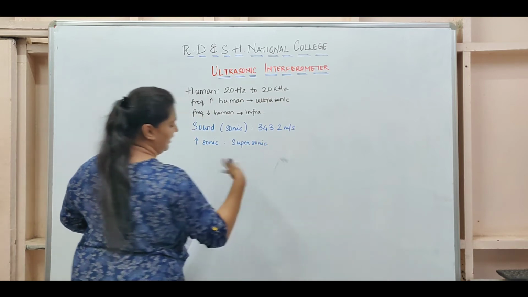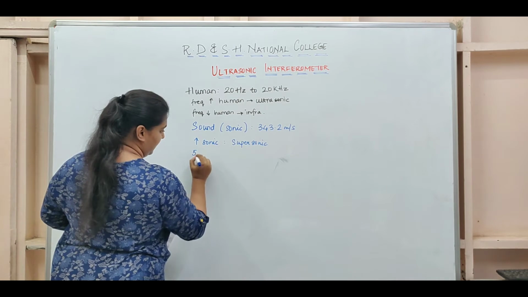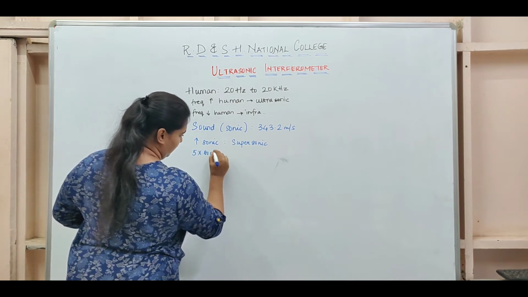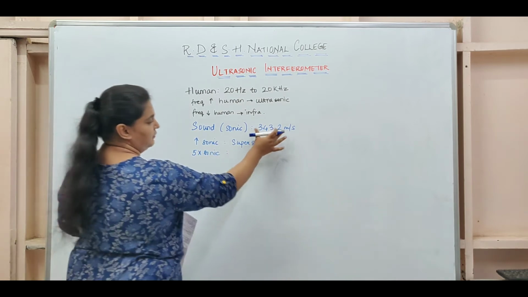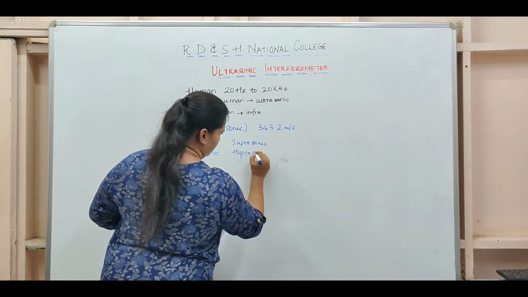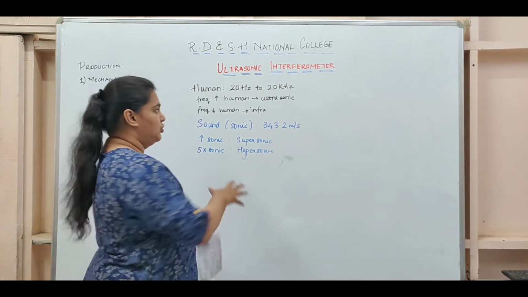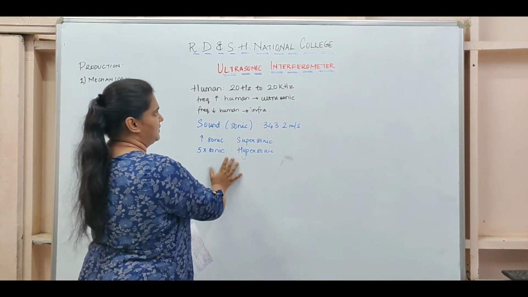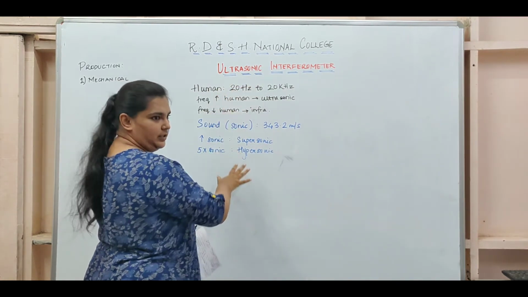And if you have something which is greater than 5 times this value, it is called hypersonic.